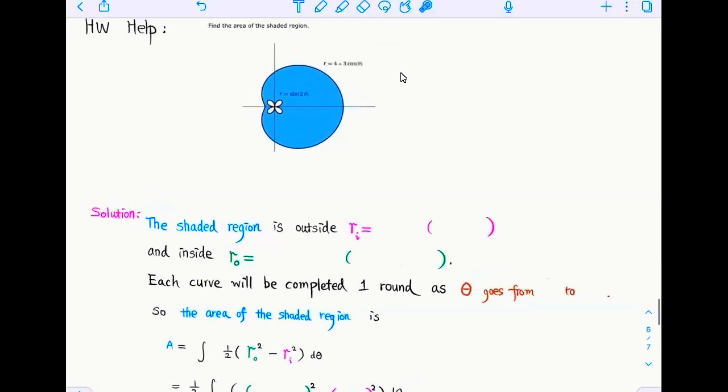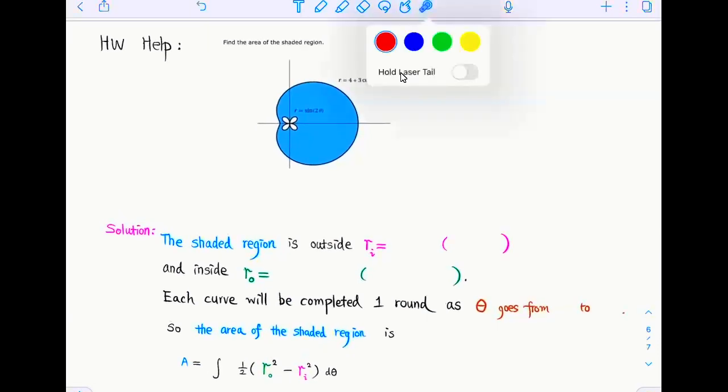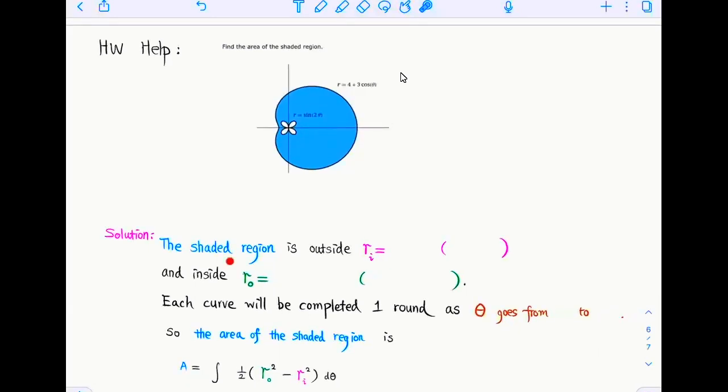So we are trying to find the area of the shaded region, which is the blue region over here. It looks like this limaçon, take away this flower, like this rose over here. Okay. So let's write down this shaded region. It is outside of this rose and inside of this limaçon, right?